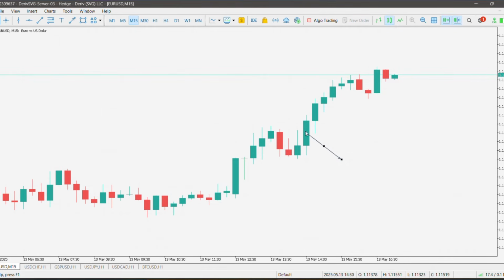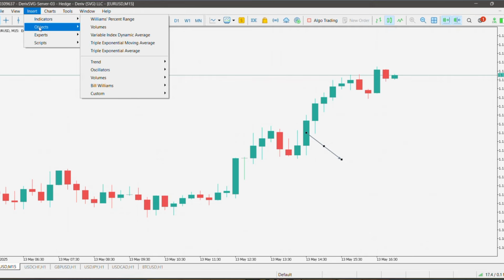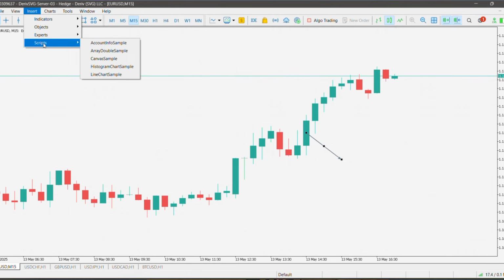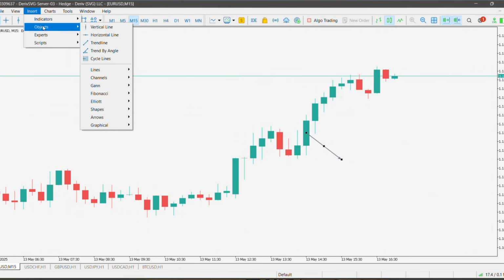So I want to insert text. Where are my options? Script, express, objects. Don't I have an insert text? Let me look for it. All right, text.